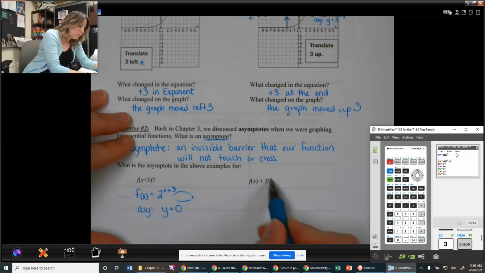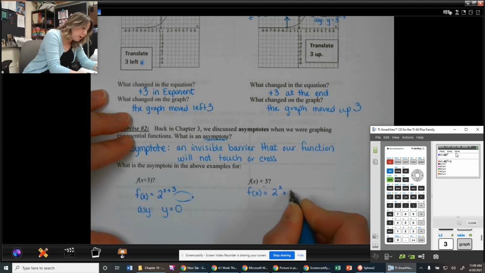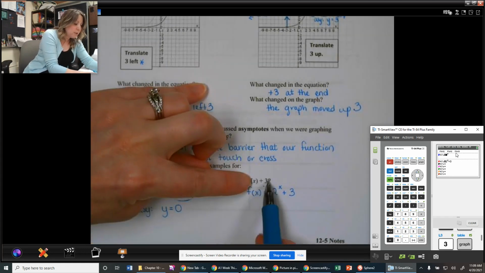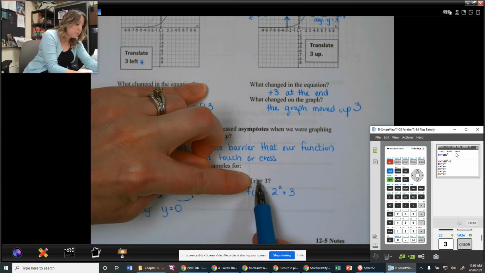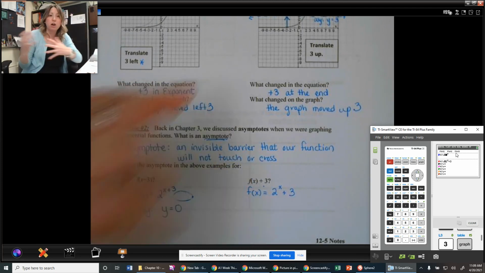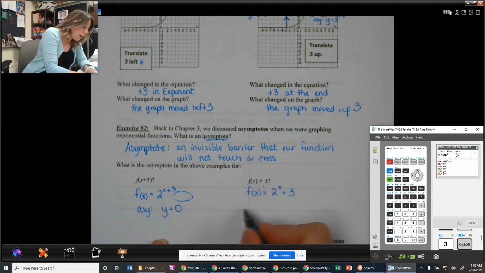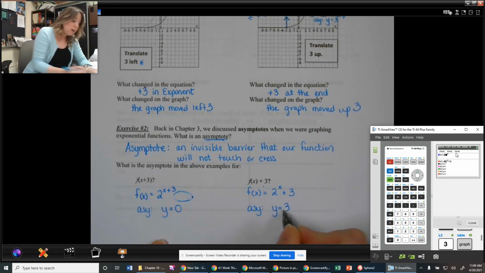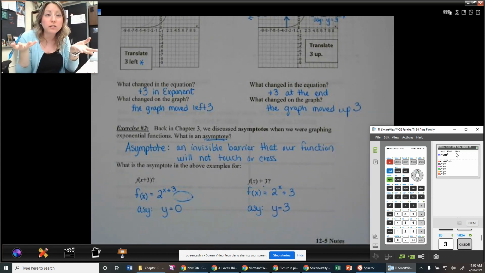In this form, my graph is f of x equals 2 raised to the x and then plus 3 at the end. So see how that plus 3 was not in the parentheses? That means I did not change the exponent. I just added 3 to the end of the function equation. And in this graph, our asymptote came out to be y equals 3 because all the y values had moved up 3, including that asymptote.